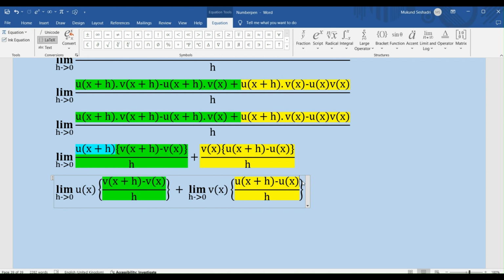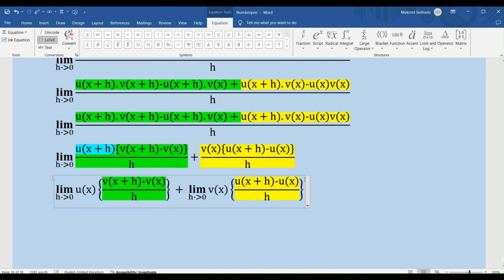So my u of x plus h becomes equal to u of x because u is a differentiable function, and that's an assumption. Otherwise, these rules don't apply. And since it is a differentiable function, it also means it is a continuous function. So my u of x plus h equals u of x, right?